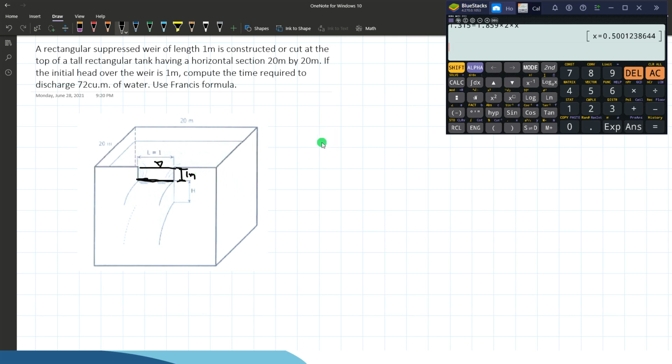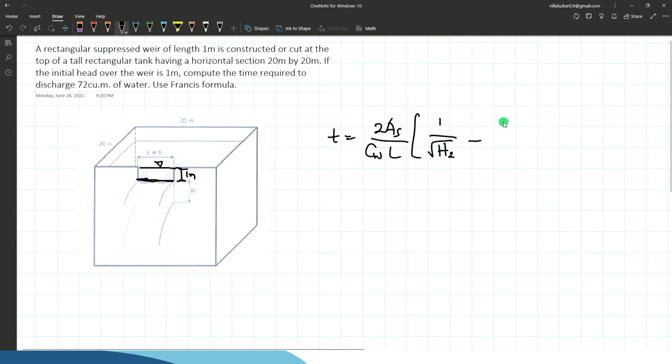So of course we have a general formula in determining the time for this kind of question, which is T equals 2 times surface area over C W L, times the quantity 1 over square root of H2 minus 1 over square root of H1.